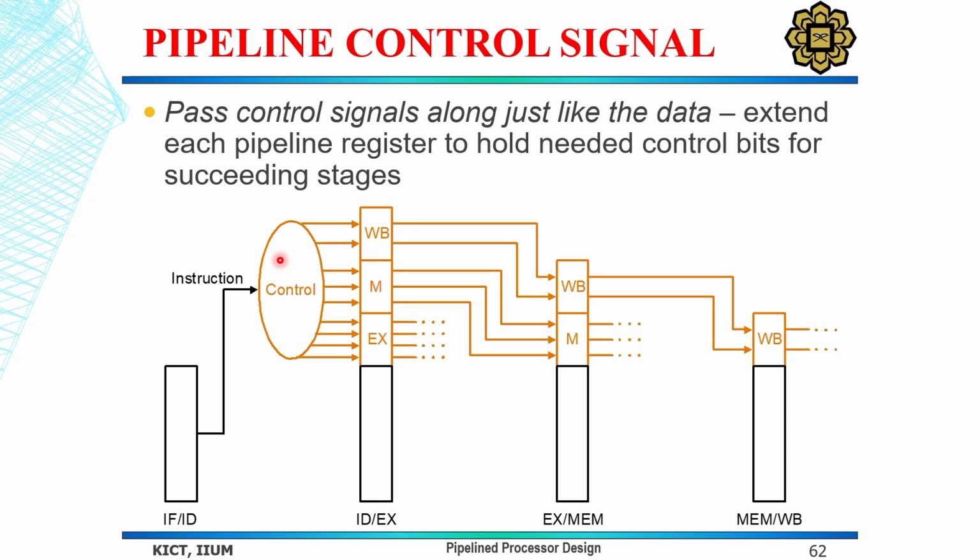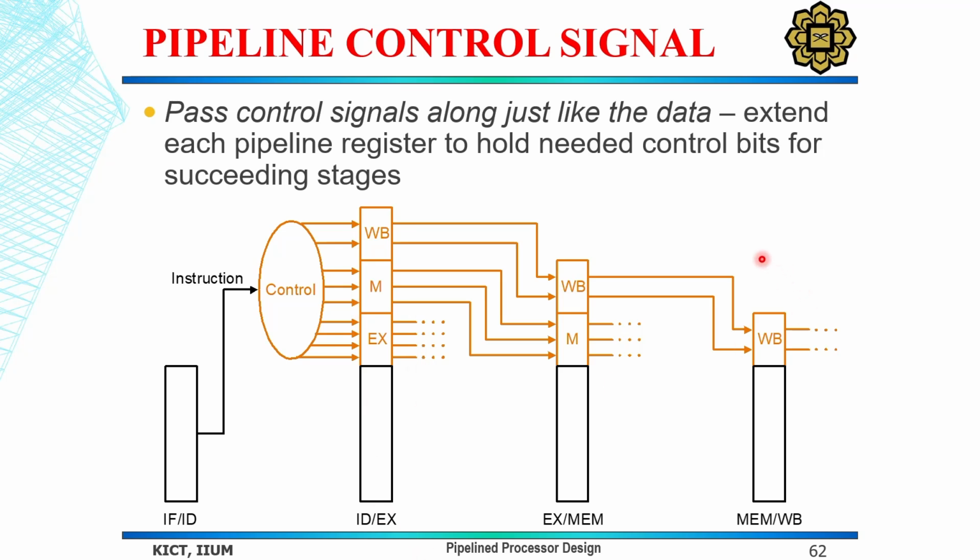So here the control signals are generated in the ID stage, and then these are stored in pipeline registers and passed forward. This is exactly the same as how we pass the data through these pipelines.